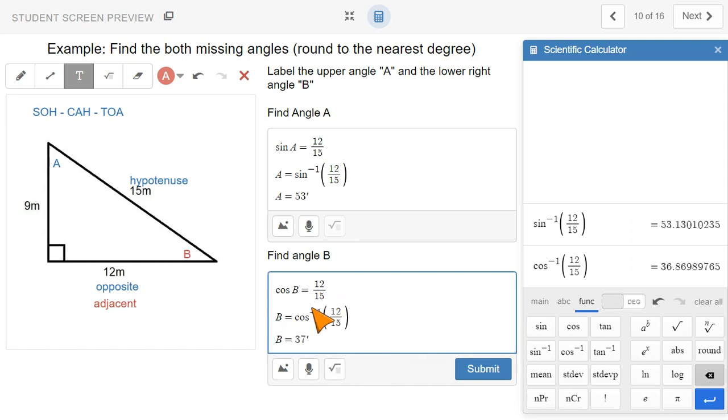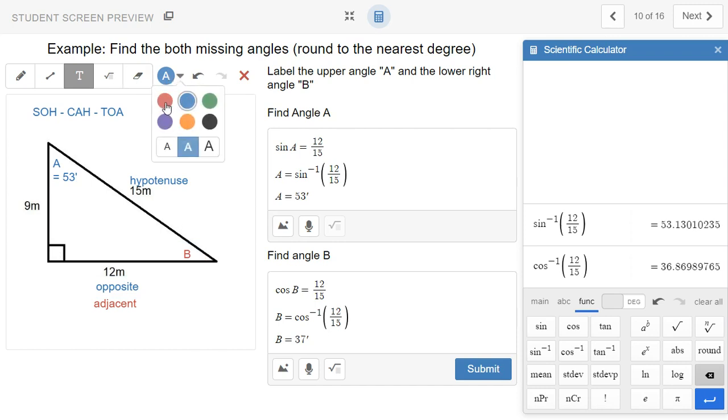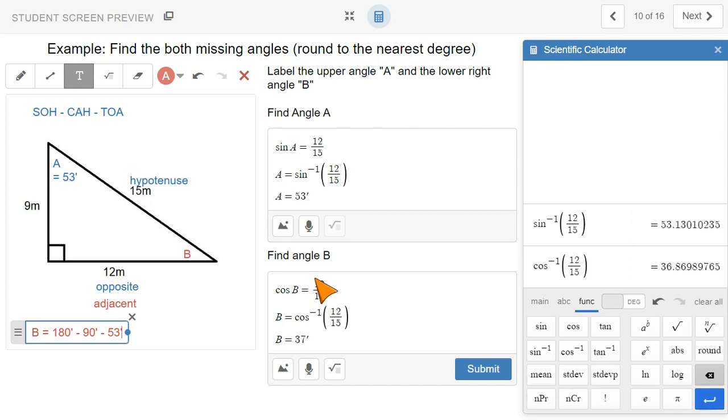Now, another way we could have gotten angle B is if we subtracted, because we know that at this point, A is equal to 53 degrees. If we know A and we know the 90 degrees, then I can find B. I would take 180 minus 90 degrees minus 53.